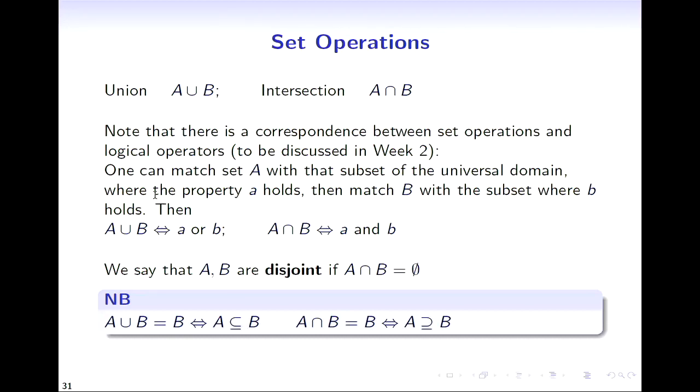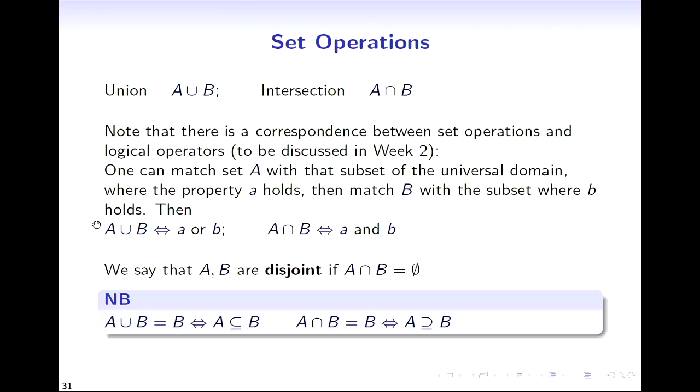The explanation for this is that you can match a set A with the subset of the universal domain. If you're talking, for example, about numbers and you define set A as the even numbers, where a property, let's call it lowercase a, holds, such as being divisible by 2. And you can match a set B with the subset where B holds. For example, you can say all the numbers that are greater or equal to 0.